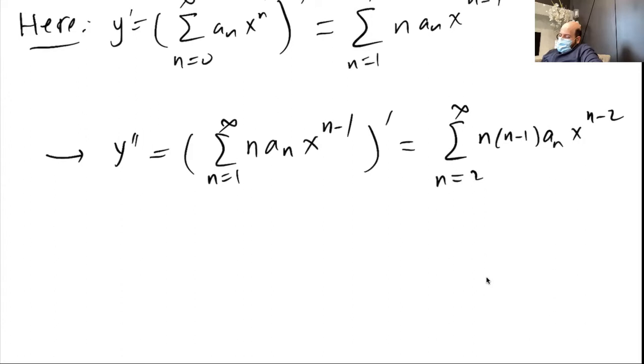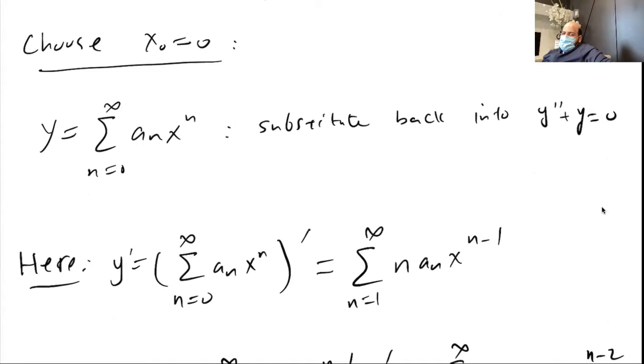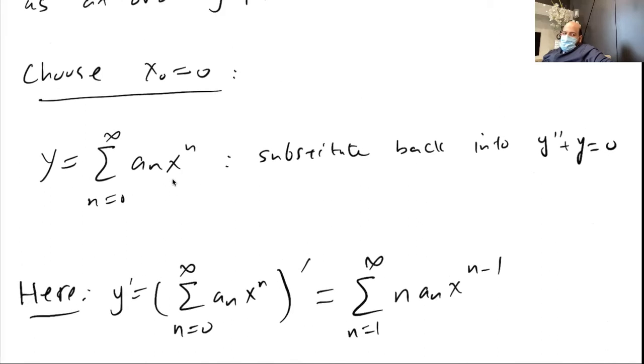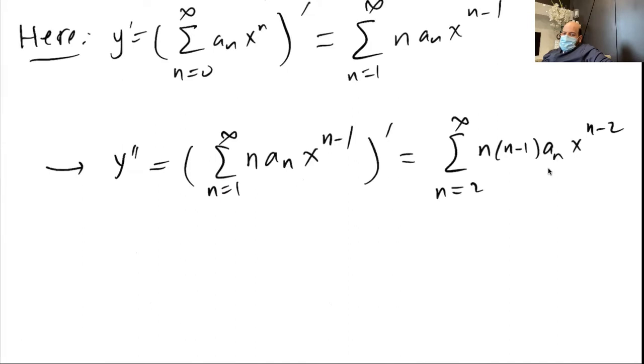Now I can also rewrite this one before substituting back. Let me change this power to n, x to power n, because for original function y, we have x to power n. So let me replace n with n plus 2 so that this power converts to n.